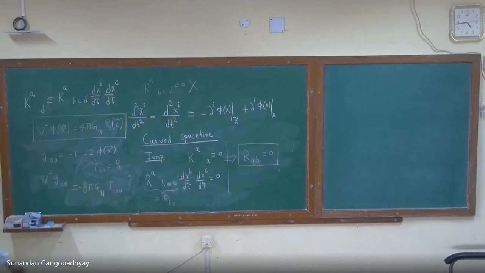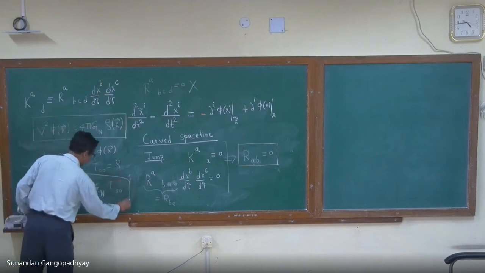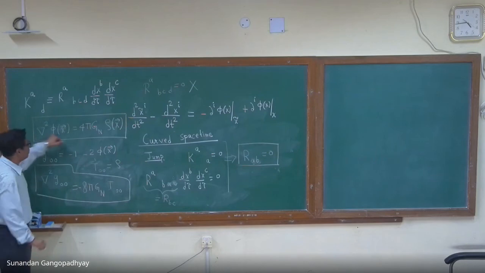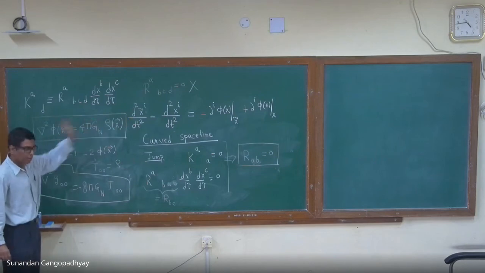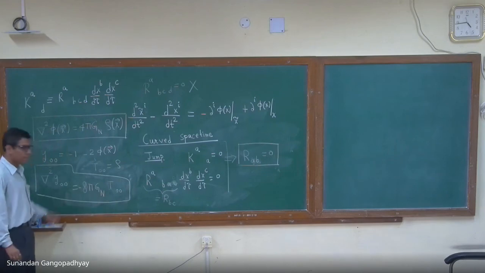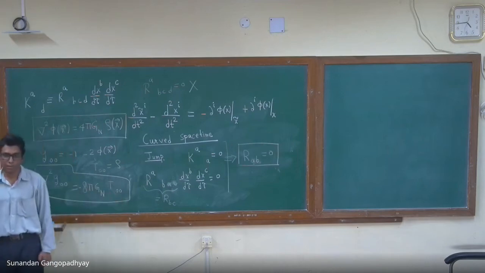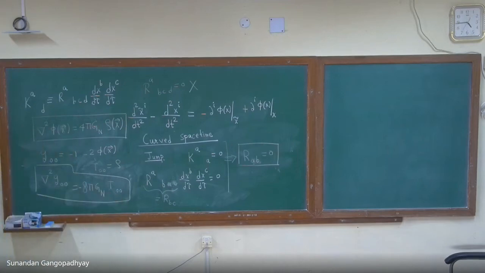For the time being, just take this. What I have done is I have written down the Newton equation for gravity in a different language: the language of one of the components of the metric tensor, and one of the components of the energy momentum tensor of a perfect fluid. Good. So this is the equation in the presence of matter.